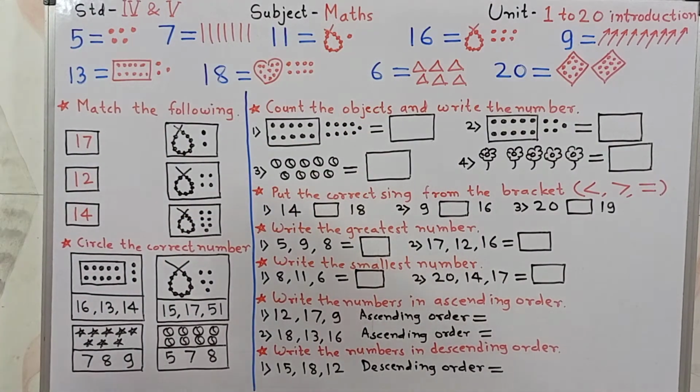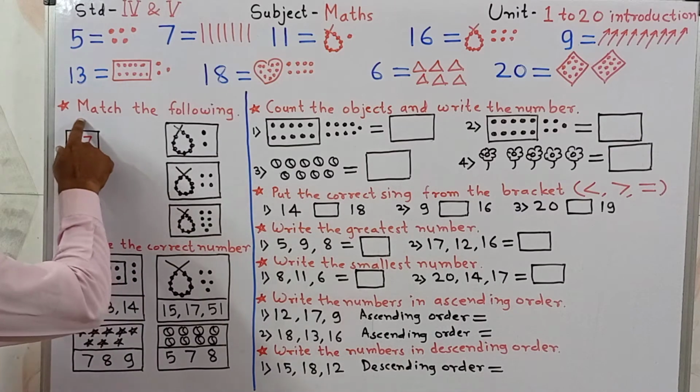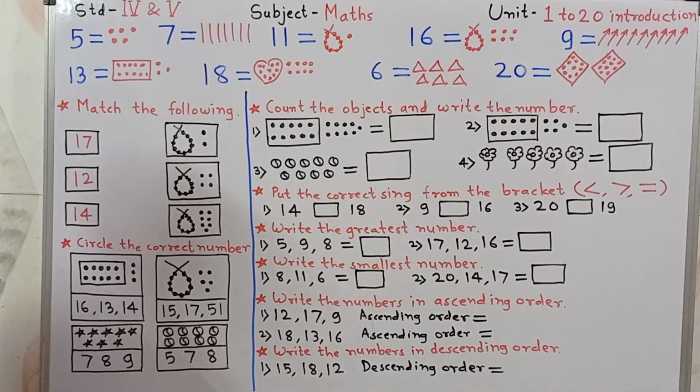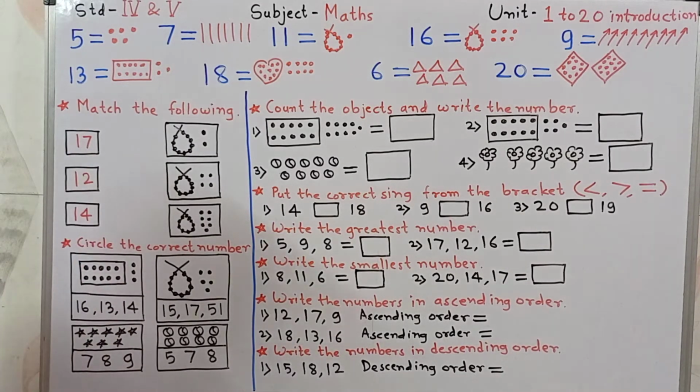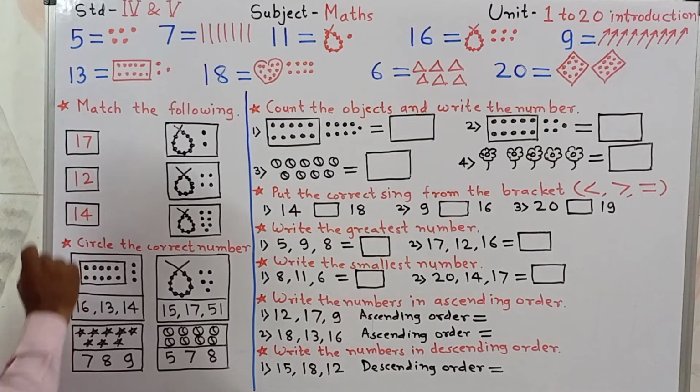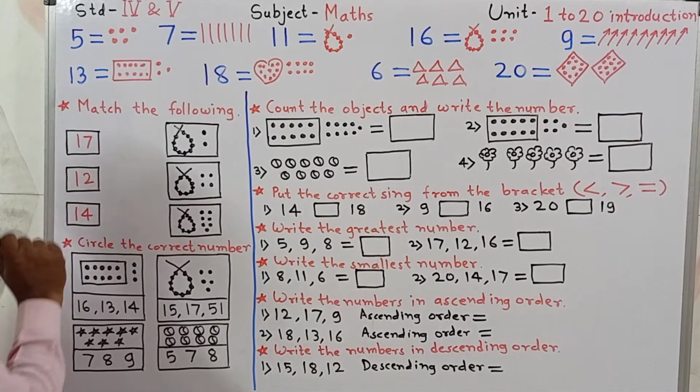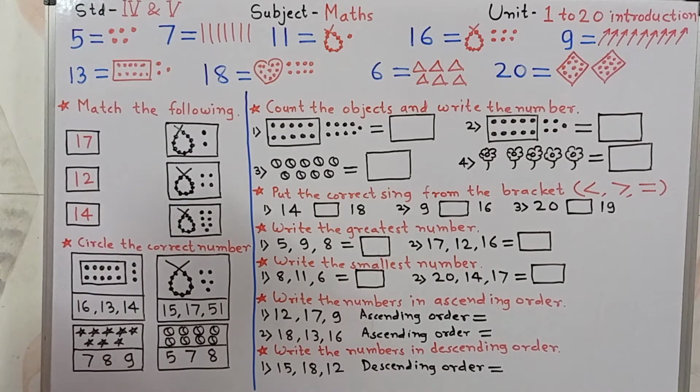Okay? Now, we solve some questions on 1 to 20. Okay? Now, the first question, match the following. Listen, here is 1 ten, 7 units, 17. 1 ten, 2 units, 12. 1 ten, 4 units, 14.